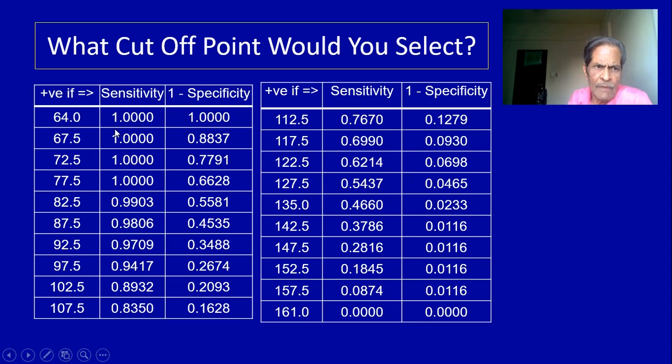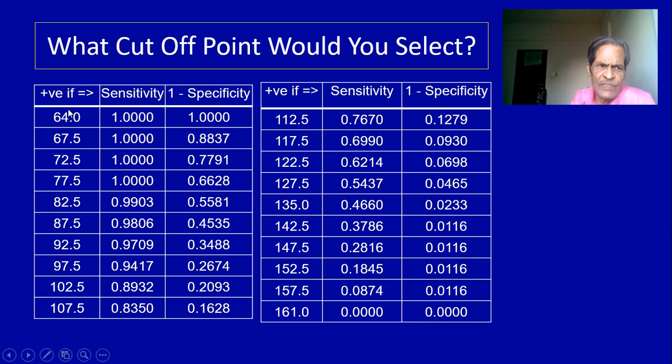Now this could be any test, it could be say blood sugar level or any test with the new diagnostic method. Now which diagnostic value will you select as far as the new test is concerned? So we have obtained the value 64, which is the lowest value for the new diagnostic test, and 161 is the highest value obtained for the given sample in our case.